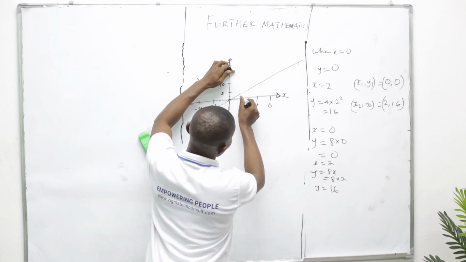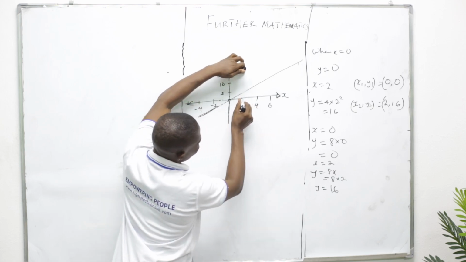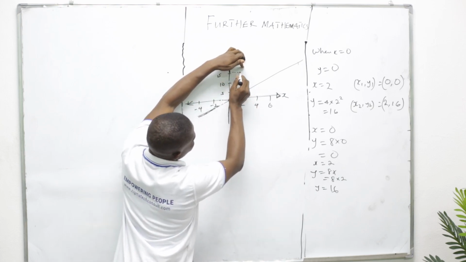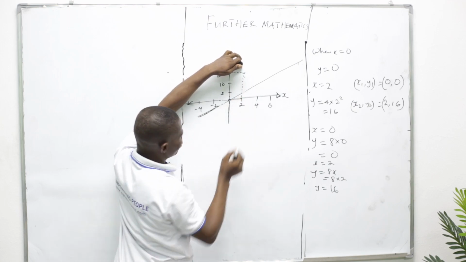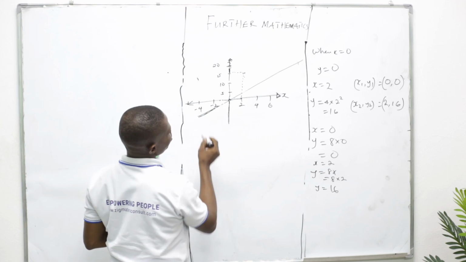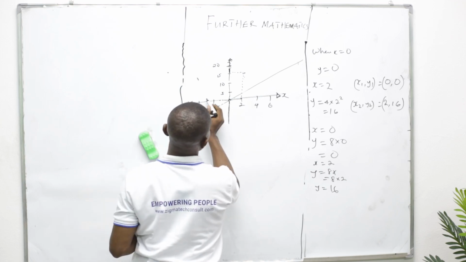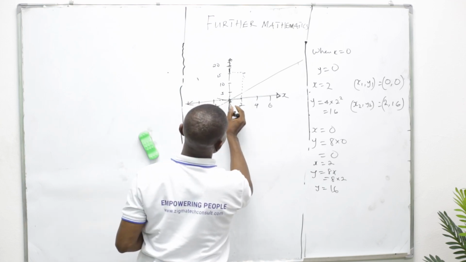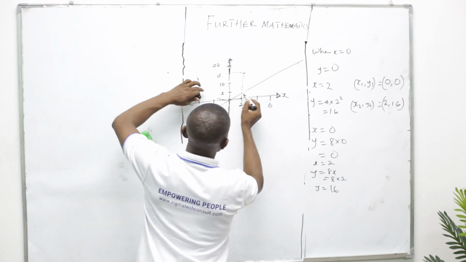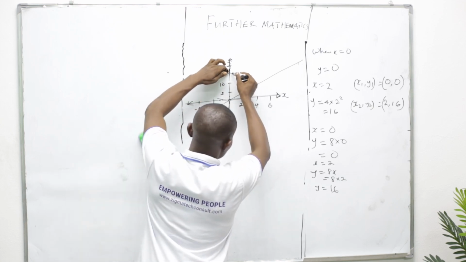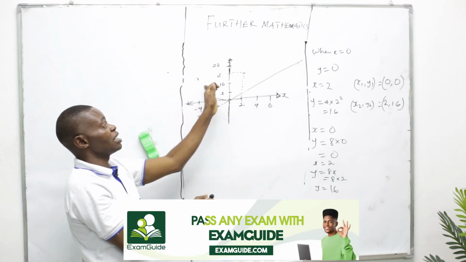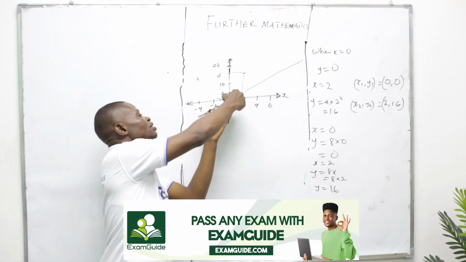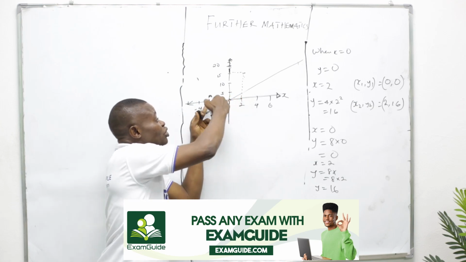Meaning somewhere here. Can you see them? Point of intersection. I am moving a little bit here. See it? So, if I'm drawing this, you have to be very intelligent. Meaning, this plus 16 is also existing at the left-hand side, and this s that is 2 here is also existing here.